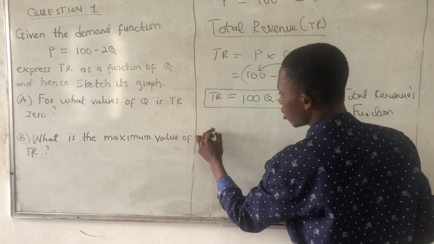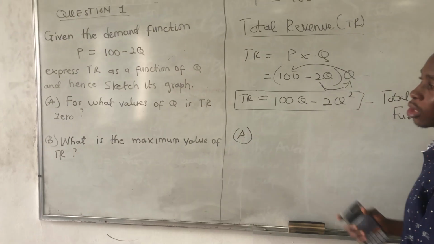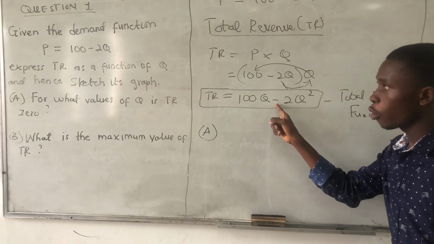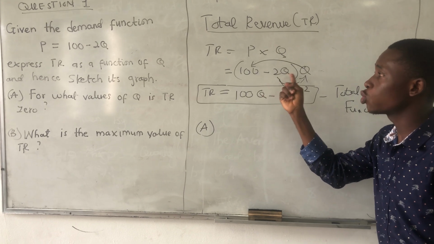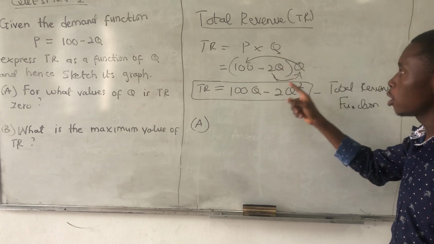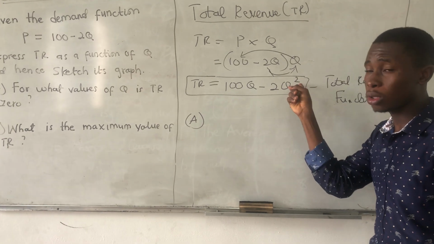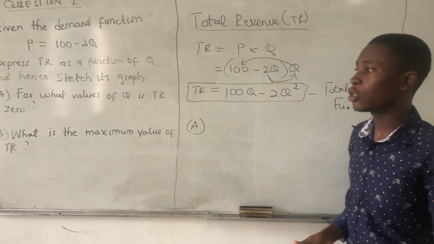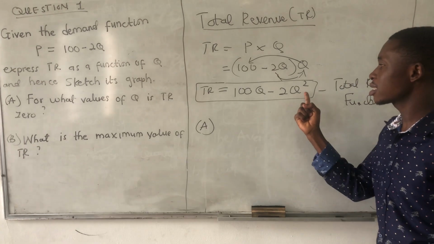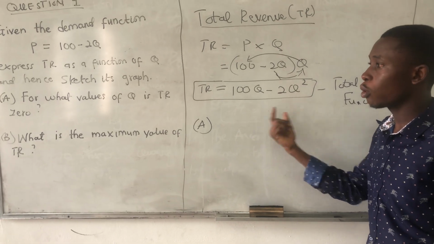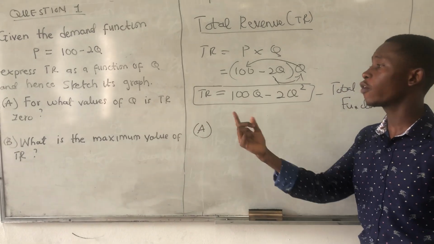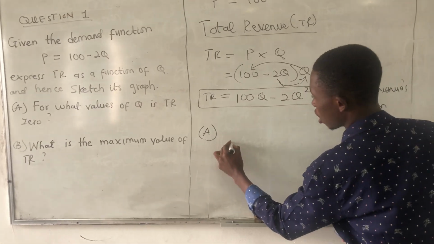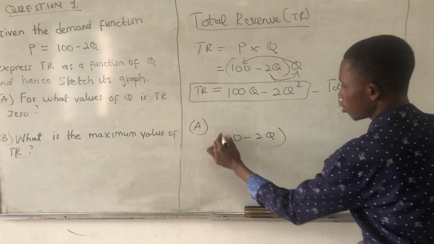Now we want to find the A: for what values of Q is total revenue 0. We pick the total revenue function, but we don't pick the expanded one. We pick the unexpanded one, which is 100 minus 2Q in brackets times Q. Let me lay more emphasis here: since we want to find the values of Q, we use the unexpanded form of the total revenue.